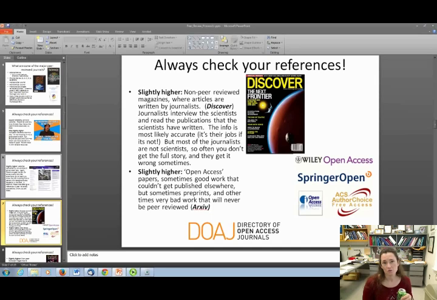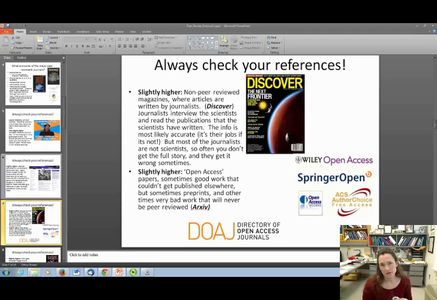What they're doing is interviewing the scientists that have done the work, and then they check it. Oftentimes they'll run it by the scientist, but sometimes not, if they're on a deadline. Most of the journalists aren't going to be professional scientists. They're going to do their best to give you the full story because it's their job, but you can't 100% rely on them because it's not coming directly out of the mouth of the scientist.